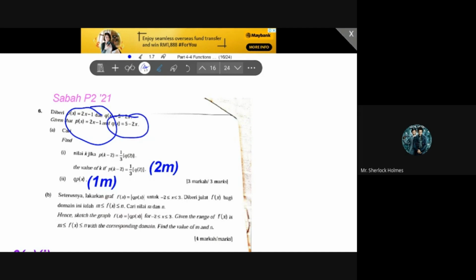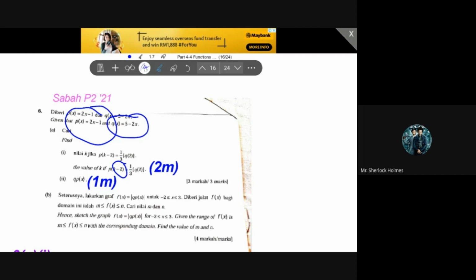So first question I want to ask. This k minus 2 is what? Siapa boleh bagi tahu? K tolak 2 itu apa dalam fungsi p(x)? What is k minus 2 in function p(x)? What does it represent? Apa dia mewakili?